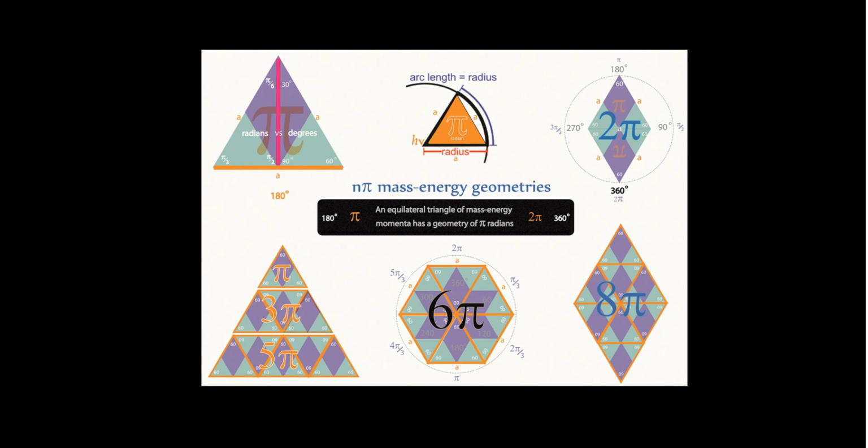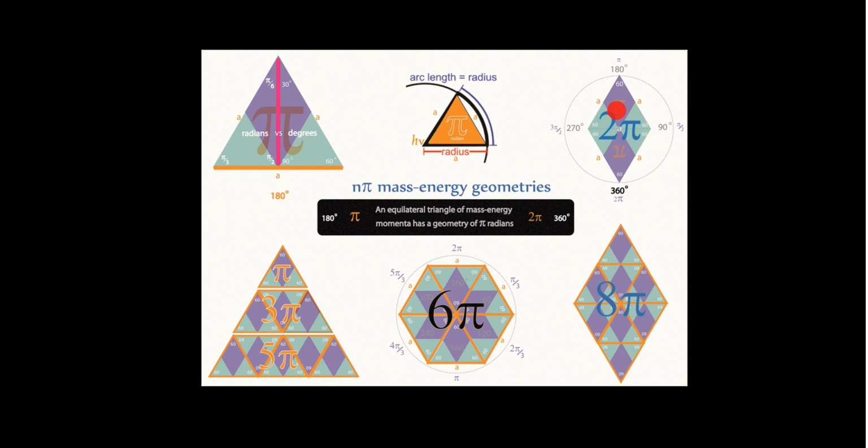Whether you call it radians or degrees probably makes no real difference at this stage. There's probably a mathematical reason for doing it, but I'm not aware of it, and at this stage it works just fine to say that the equilateral scalar, or the surface area geometry, can be called a pi geometry, in line with pi radians. 2 pi geometries make photons.